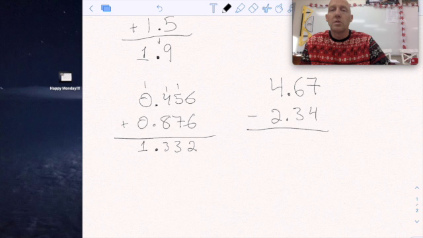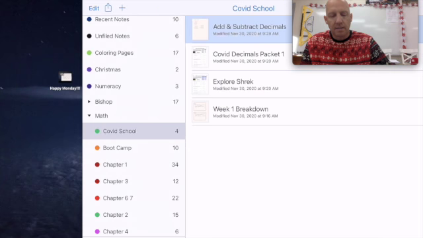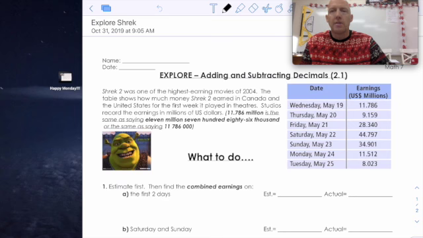So now I'll proceed from the right to the left, subtraction as usual. 7 subtract 4 is 3, 6 subtract 3 is 3, and 4 subtract 2 is 2. 2.33.